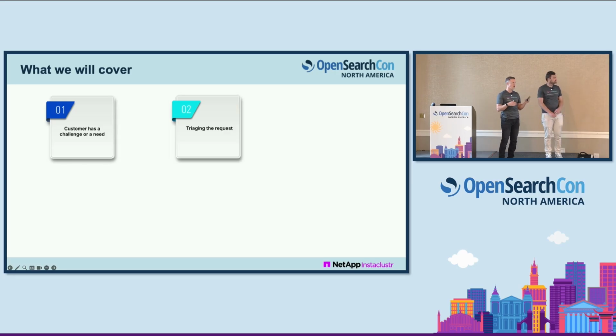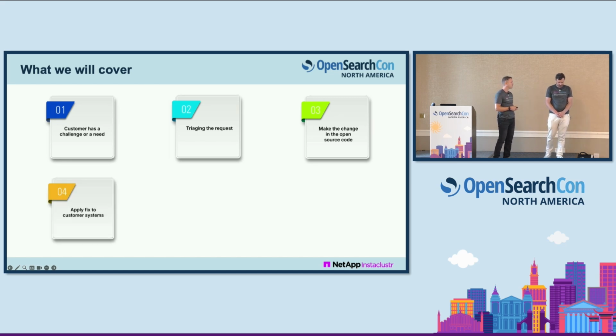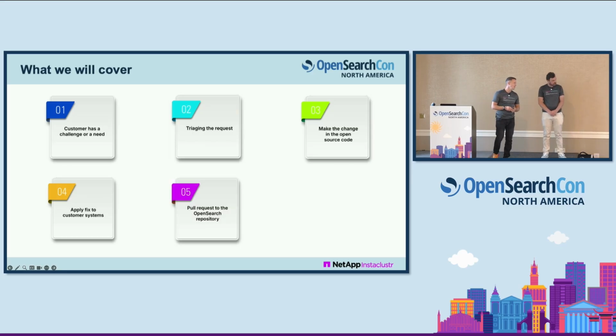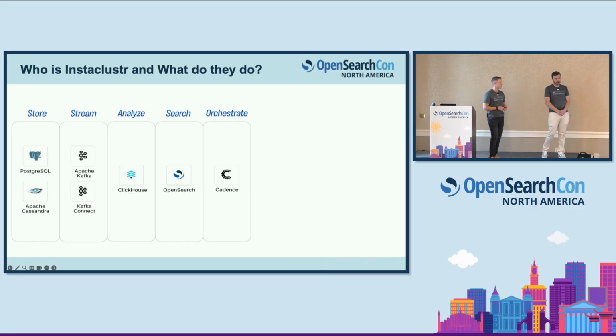So a customer has a problem, we'll talk about what that is, and then we'll talk about how we triage these asks, and then we'll go on to making the actual changes, doing the coding, doing the development work, and applying the fixes to our customers. We'll talk more about that on the next slide as well, and then initiating that pull request with the open source projects, and then we'll talk about the key benefits of why we do this and invite you as well to do something similar.